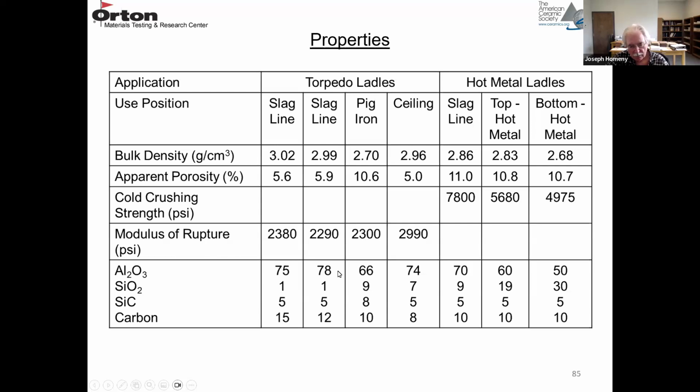And then these are how the compositions are changed for the different locations. So you have your alumina contents are quite high, maybe 50 to 80%. Your silicon carbide is maybe 5 to 8%. Carbon is around 10 to 15%. And they've added here, which I didn't mention, SiO2. That's a fused silica.